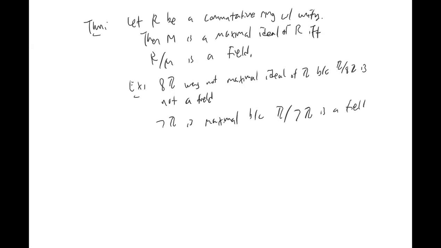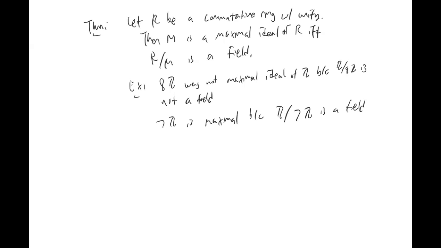Let me be careful here. Maximal is different from maximum. Maximum is the biggest, and that need not exist. Maximal means it's biggest amongst those that can be compared.